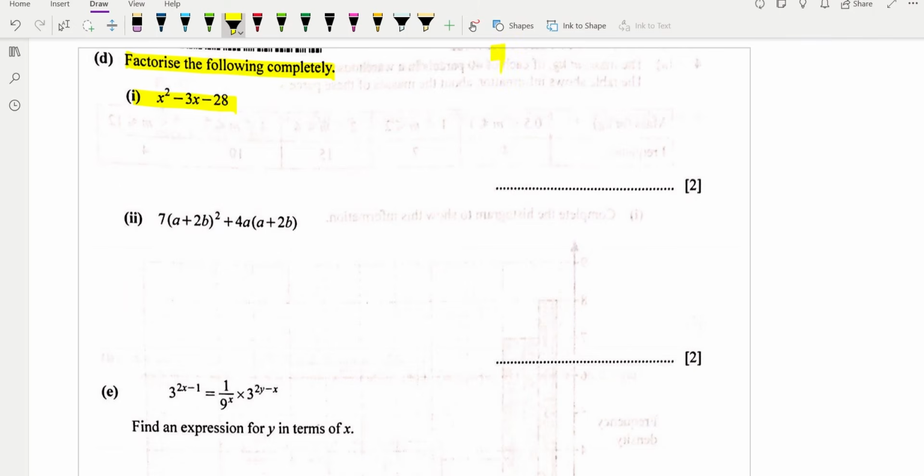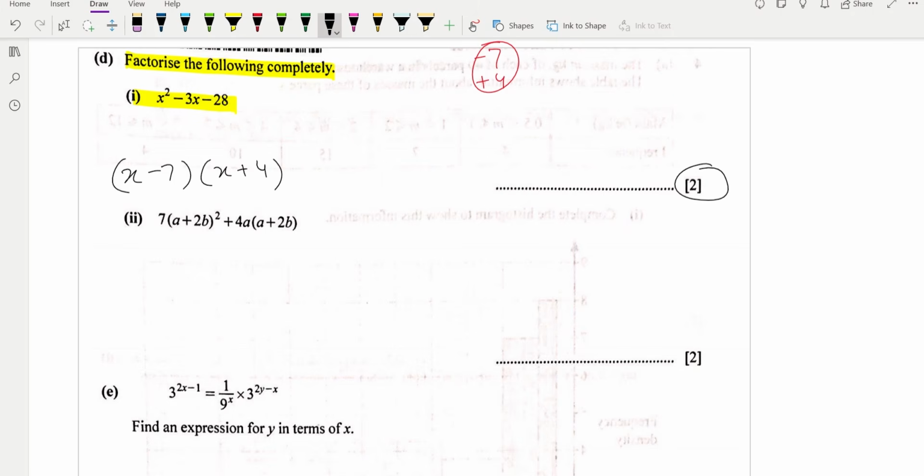So 7 and -4, we will be changing the signs and utilizing these values, and we can write the equation. We'll keep the gap and we'll write x -7 and x +4.